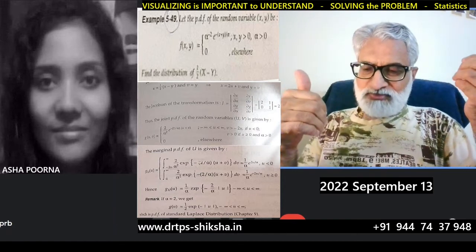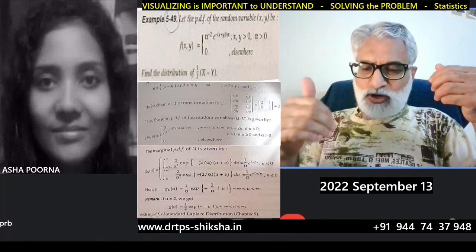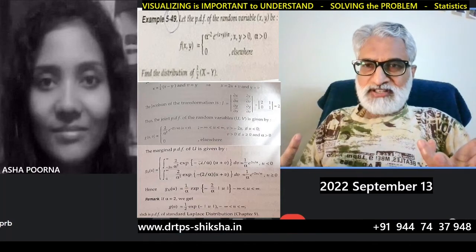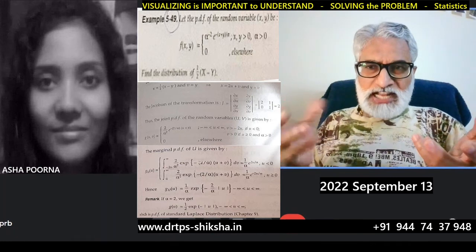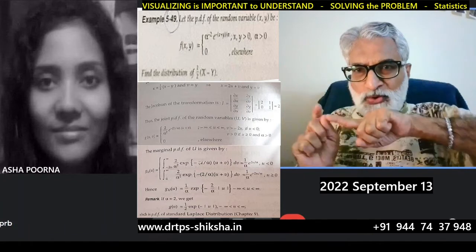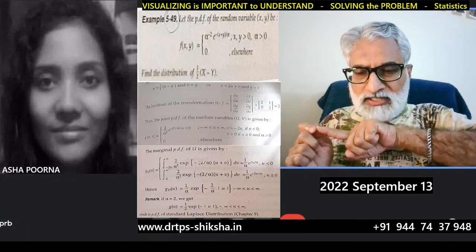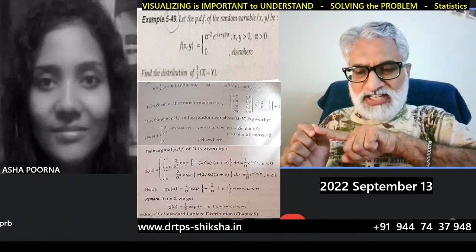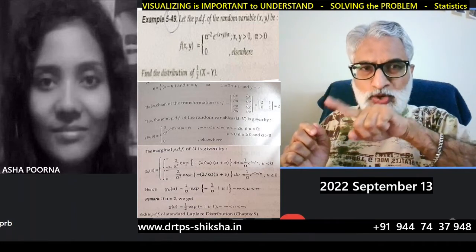Now substitute. Now what is the Jacobian transformation? You see the transformation. This is a transformation. So what is the transformation? I am not looking at function by function now. I am looking at the partial derivative with respect to x and y, and u and v.